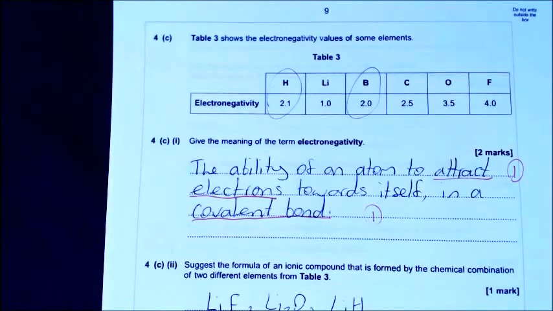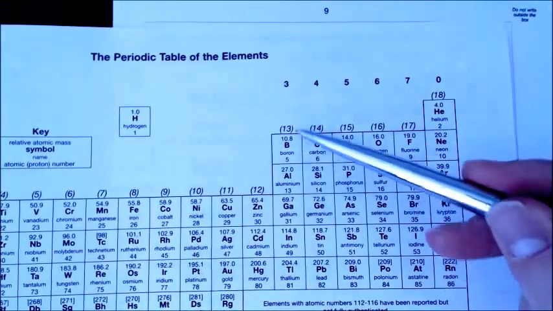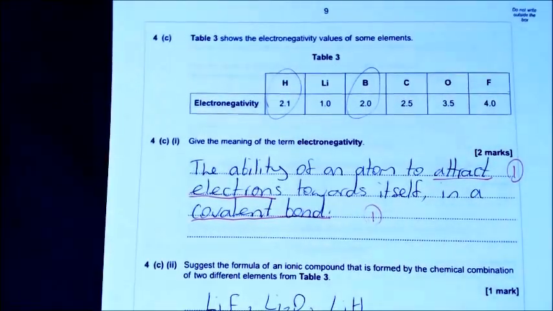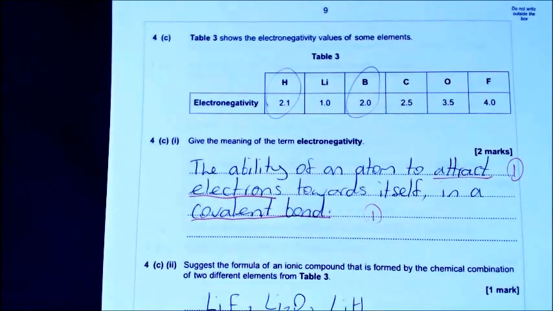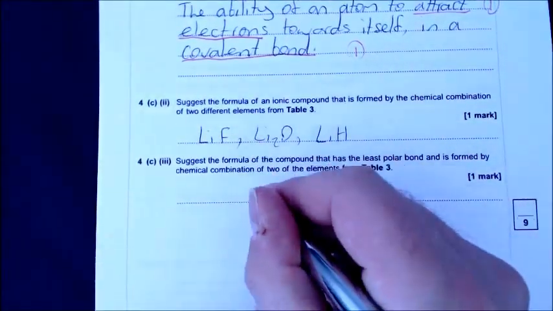It's only a difference of 0.1. So this is boron, which is in group 3. If I bring in our periodic table again, now it is there, so it's in group 3. And hydrogen obviously only has 1 electron and only needs 1 to gain a full shell. So the compound, the name of the compound is BH3.